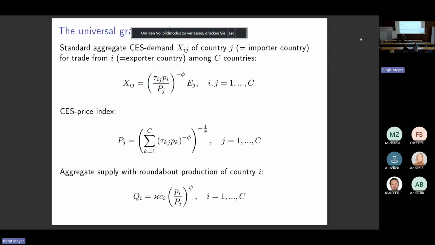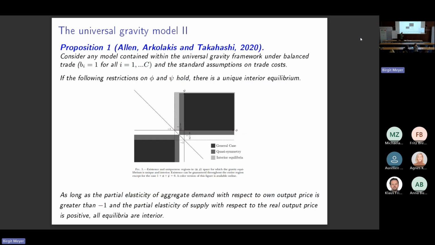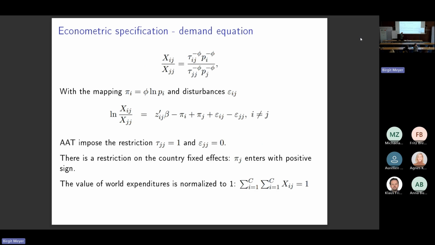So if you go back up here, and you look at this one, if you put that to the left-hand side and you look at the ISJ, you see that one is left. So the share of domestic trade is actually defined by the price divided over the price index, and then you have this phi in it, and TIJJ is 0. Okay, so that is what we have up here.